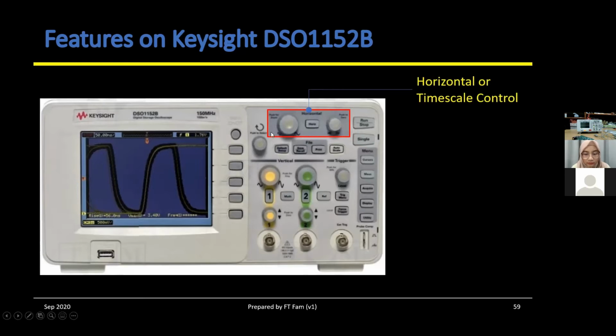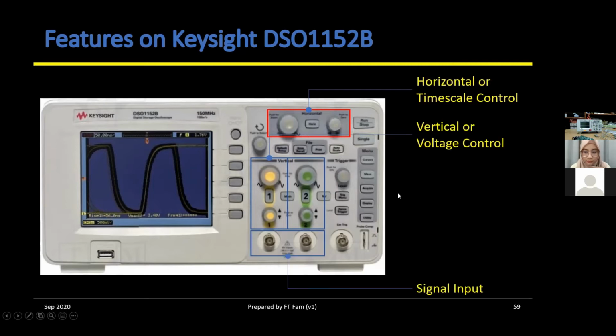Some of your scopes may have a different position, but for this scope, it is on top here. And this section is to change the voltage. The big knob and the small knob, I'll show you what they do. This will change the voltage scale. Then the third one, these are the signal inputs here. The fourth one, these are the trigger.